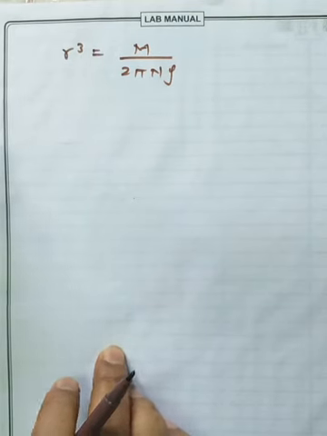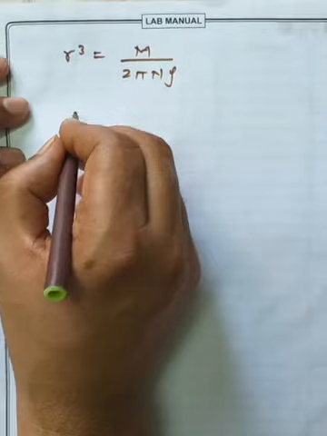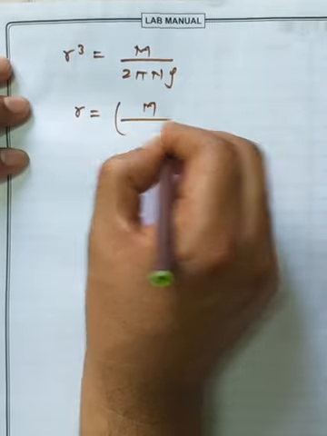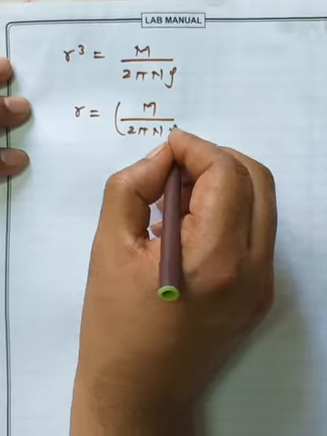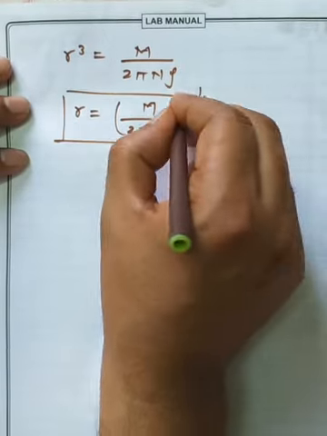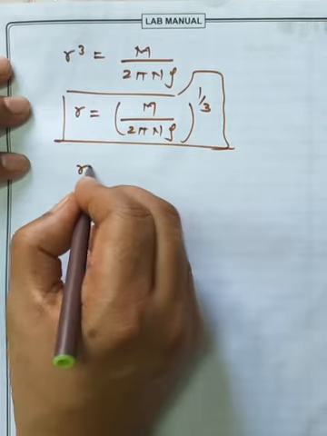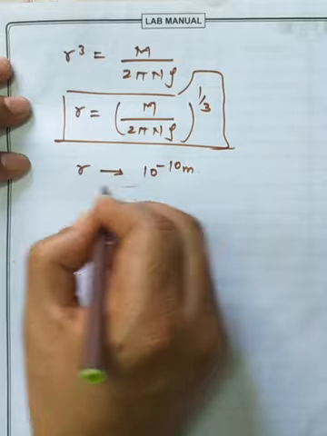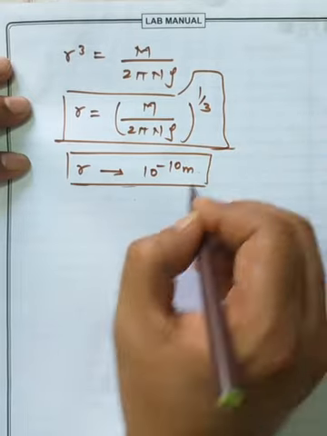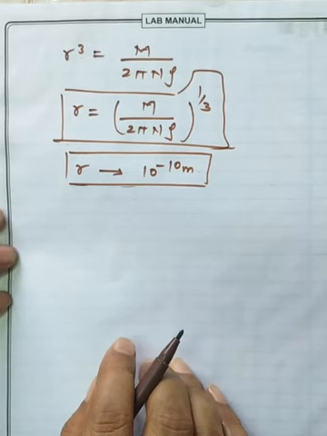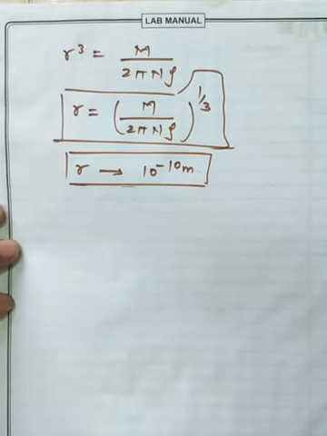This is the general formula we have, and using simple mathematics, r can be stated as 3M upon 2 pi N rho raised to 1 by 3. Whenever we get the radius of the atom, it comes in the range of 10 to the power minus 10 meter. So this is a general indirect method to measure small distances up to 10 to the power minus 10 meter, called the Avogadro method.